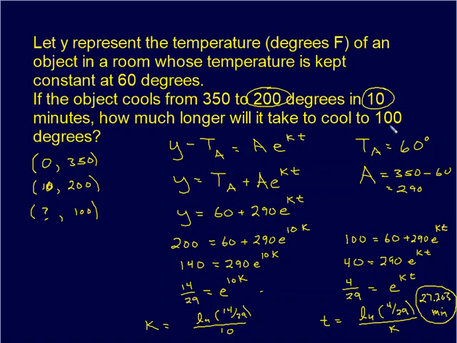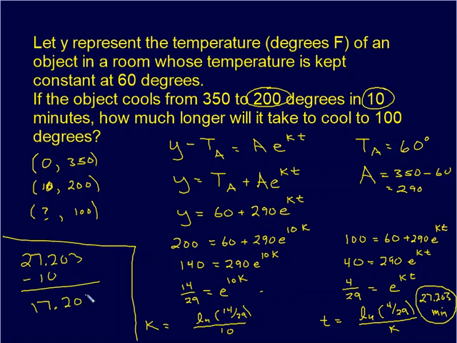So to answer that question, we really want to answer in terms of time after the first 10 minutes. So the answer to the question really is 27.203 minus the initial 10, leaving you with 17.203 minutes, extra minutes.